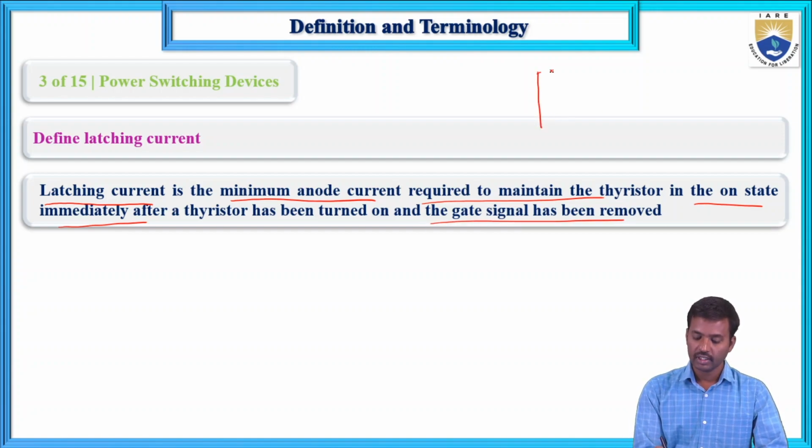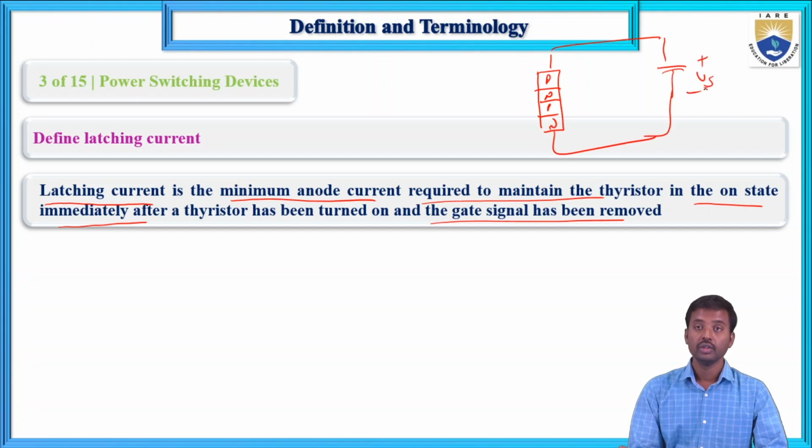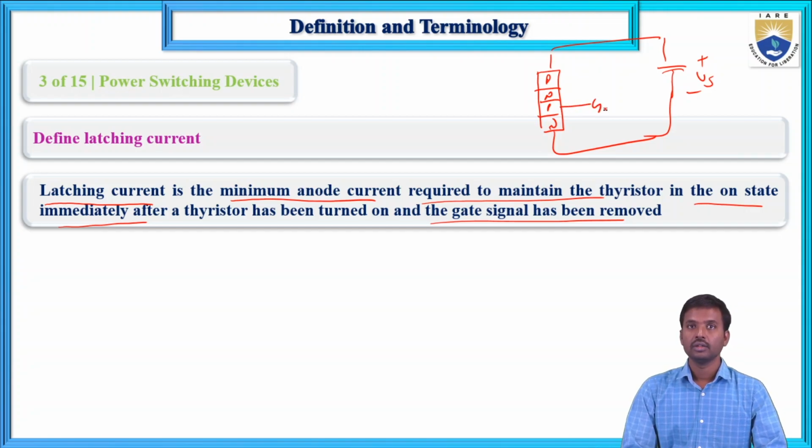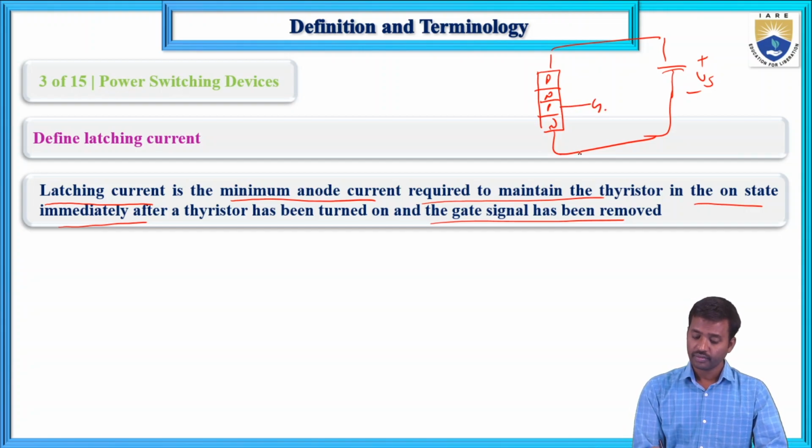Here this is the thyristor, PN, and this is the supply voltage, if you are giving a positive supply. This is the gate terminal and this is the anode current.